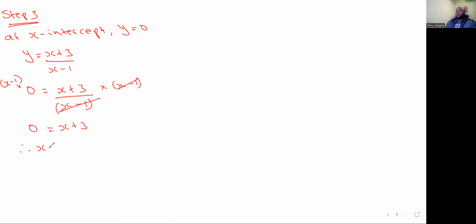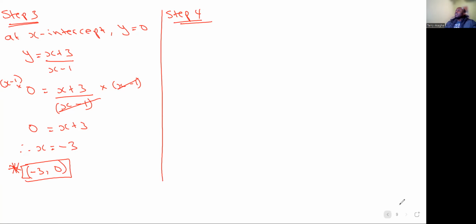So therefore, x will be equal to minus 3. So therefore, y will be equal to 0. So we found the x-intercept: y is equal to 0 and x is equal to minus 3. All right, so let's go to the next one, step 4.